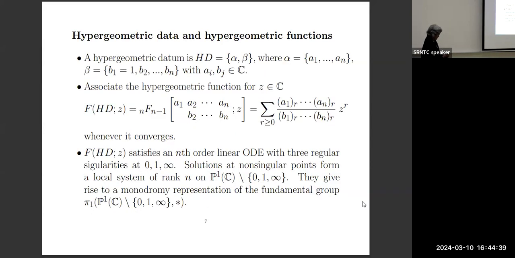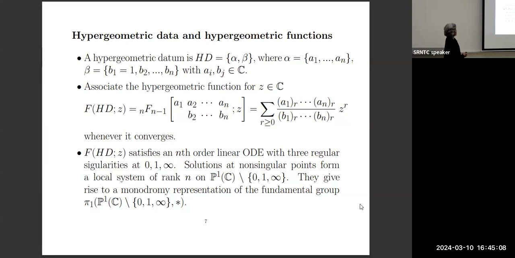Now, knowing the 2F1 function, we can very easily generalize it to the nFn-1 function, where we just use the n Pochhammer notation on the numerator and also the n Pochhammer notation on the denominator, except that the first one, B1, we always choose to be 1. So normally we just have B2 up to Bn.